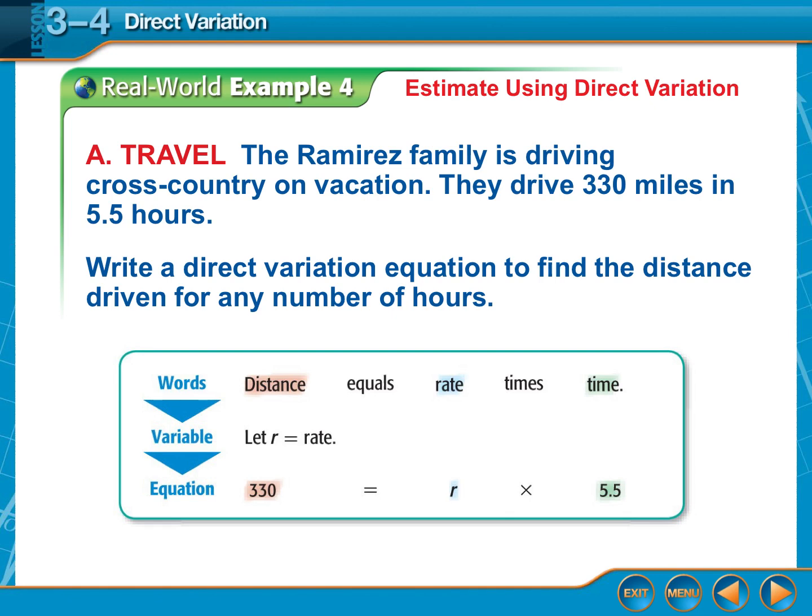What's the rate on Highway 34? 65 miles. What's the rate on the interstate? 75. What's the rate on a country road? 55. What's the rate in town? 25. Wow, you guys are good.